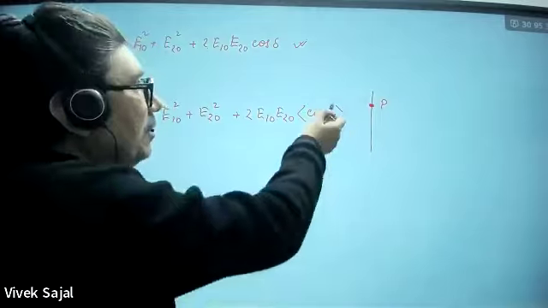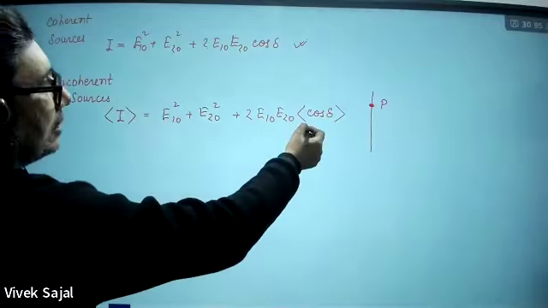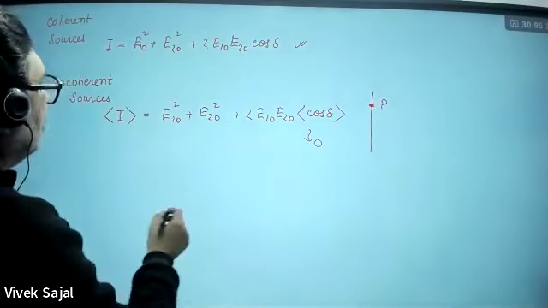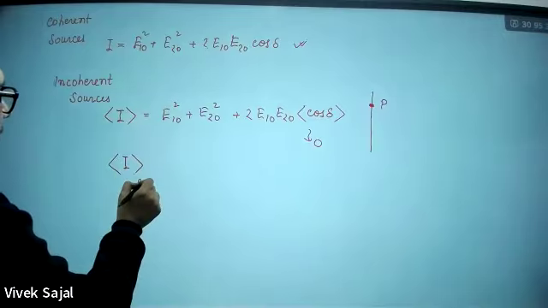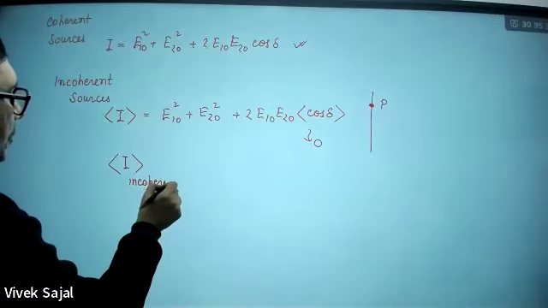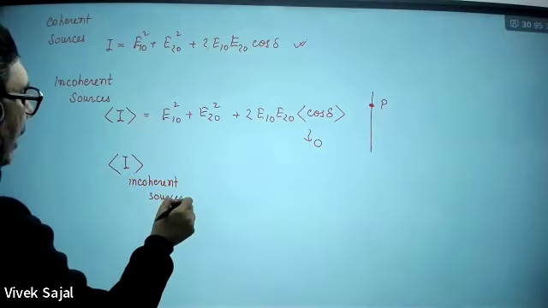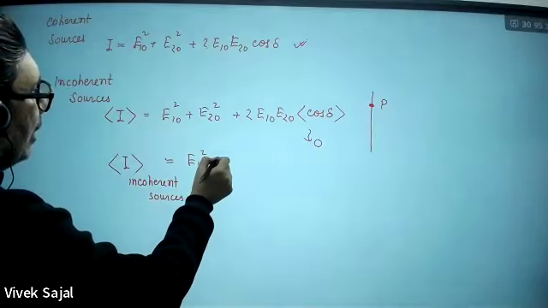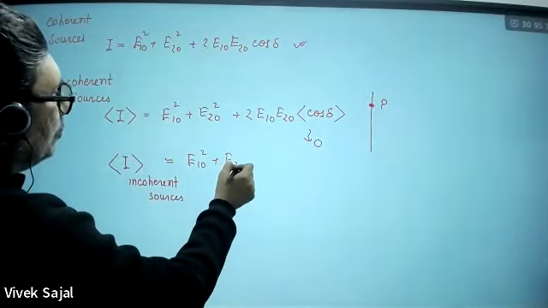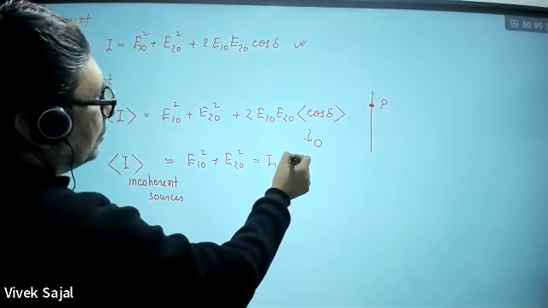So in this case, this term will be 0 for one complete cycle. So the average intensity in case of incoherent sources at any point will be equal to E1 naught square plus E2 naught square, which means it will be simply I1 plus I2.